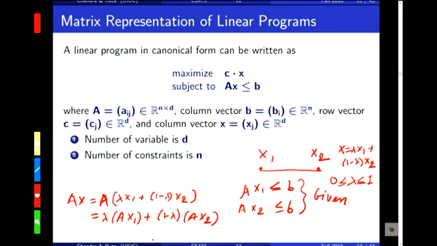What is an upper bound on Ax1? Here it is important that lambda and 1 minus lambda are both positive values. If I multiply this by lambda and this by 1 minus lambda, I get that this is at most lambda b plus 1 minus lambda b, where b is a vector, which is exactly b.